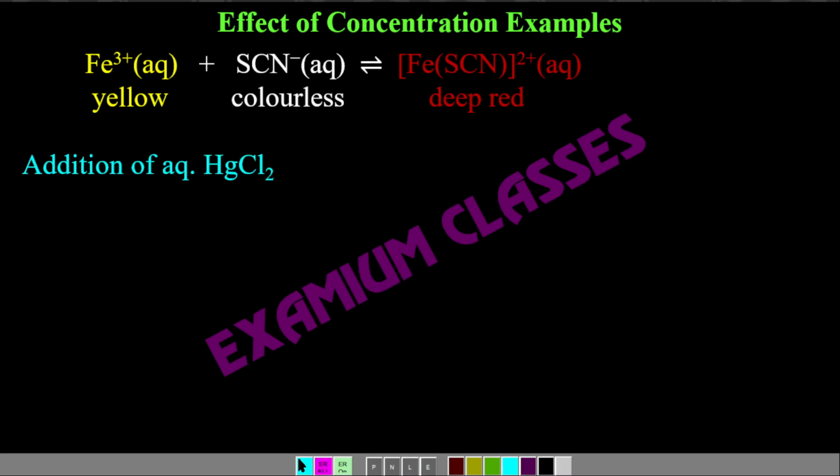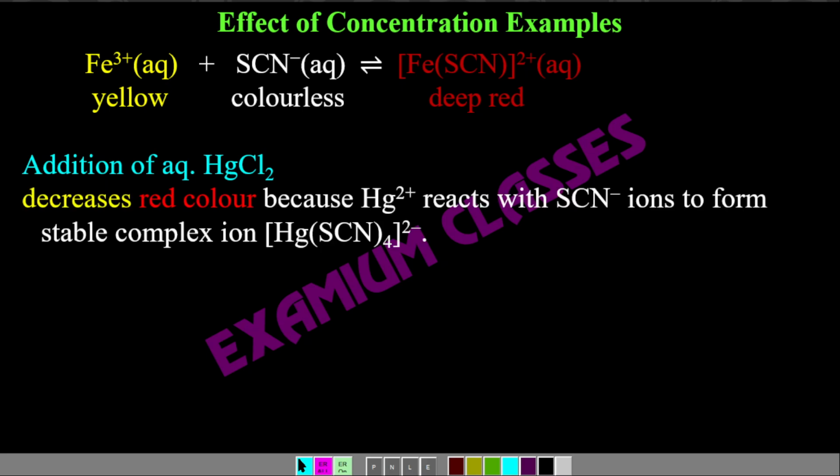Next example, same reaction, but now we add HgCl2, okay, mercuric chloride. What will happen? Mercuric chloride decreases red color again. Why? Because Hg2+ will react with the thiocyanate ion. So in the previous case, what happened?